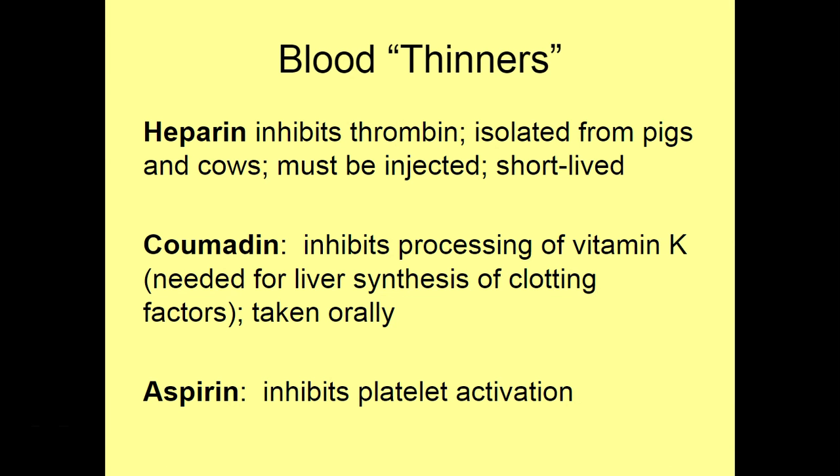So if somebody has a clotting issue, they're taking medicine for blood clots, they need to watch how much vitamin K is in their diet because that could create some problems.